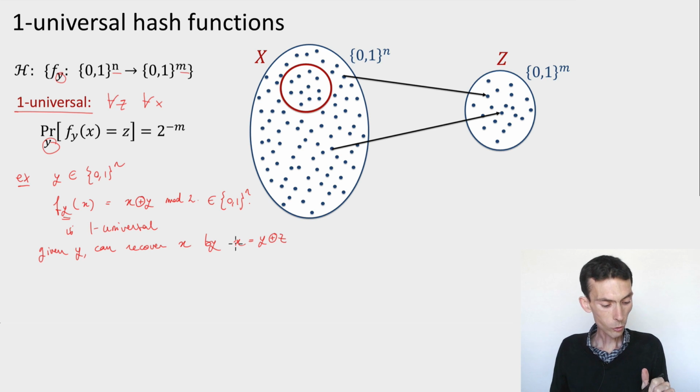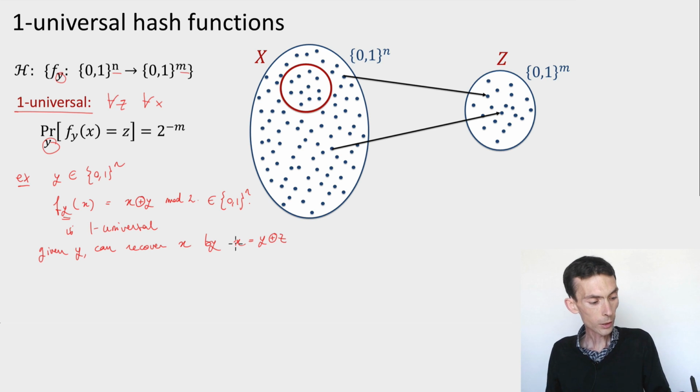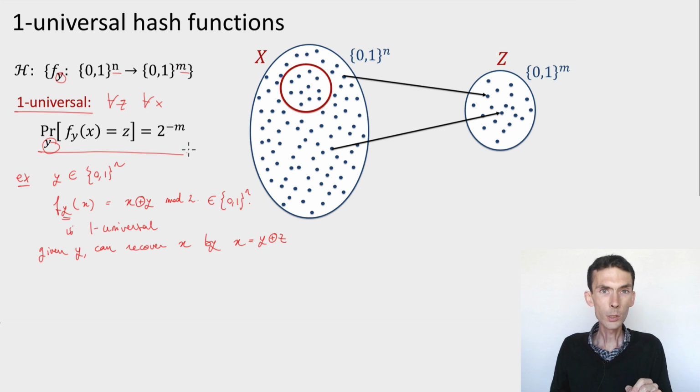So this is not a strong seeded extractor. What we need, this condition, is a desirable condition, one universal, but in order to get a strong extractor, we're going to need something stronger.